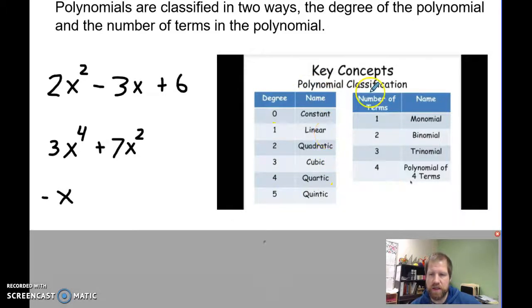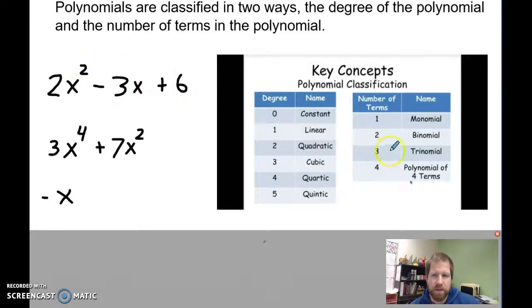So that's degrees. The number of terms, we've covered monomial. Binomial has 2 terms. Trinomial has 3 terms. And with terms, once you get above 3, you're just going to say the number of terms it has. So this would be a quadratic, because the highest degree is 2.